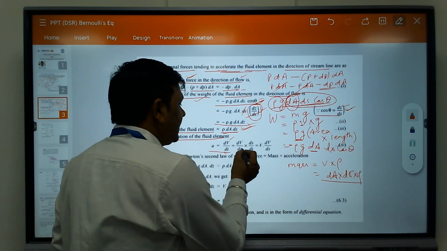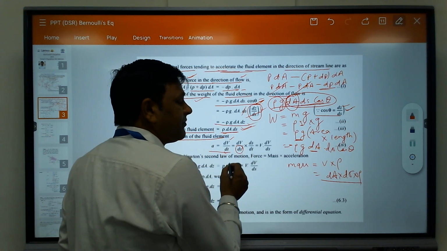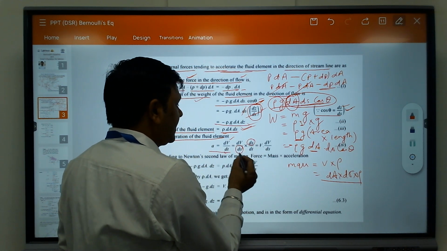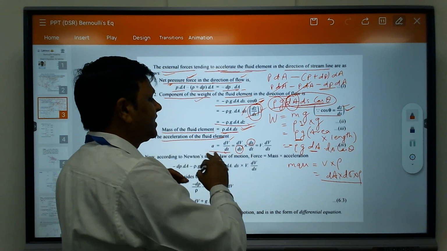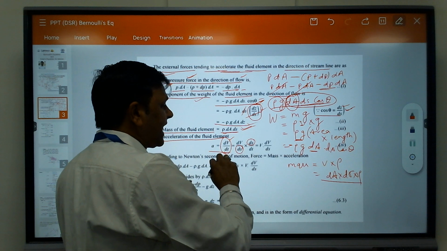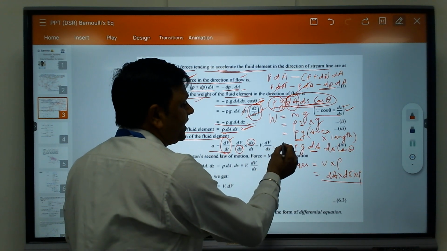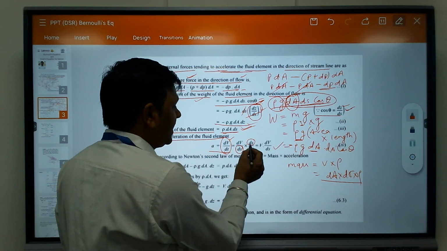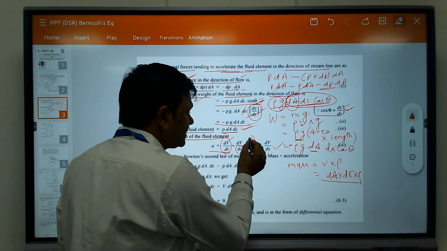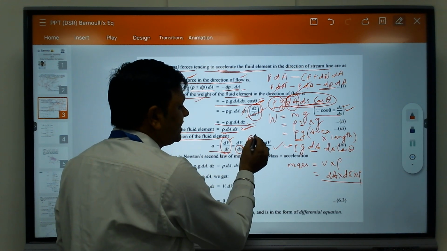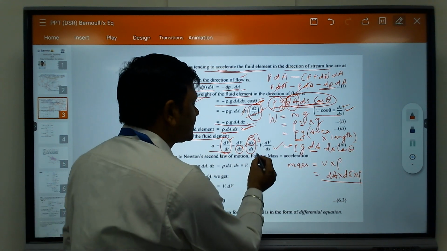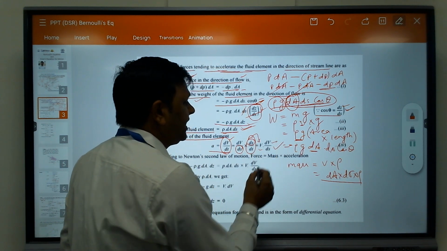Now we multiply ds in the numerator and the denominator, so that we can convert the acceleration from with respect to time to with respect to distance. Here ds over dt is the velocity, distance per unit time, and dv over ds.